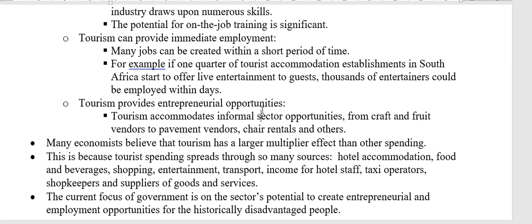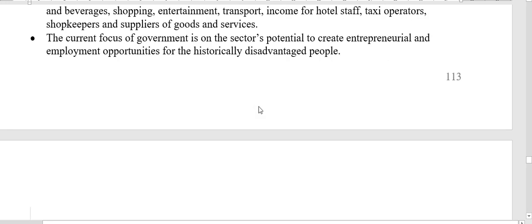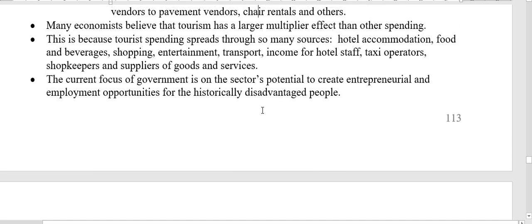Okay, now many economists believe that the multiplier in the tourist industry is even bigger. The multiplier effect of tourism is bigger than, for example, government spending. Okay, because remember, tourism to a large extent does bring injections into the country, especially when it's foreign tourism. All right, this is because tourist spending happens through so many different sources.